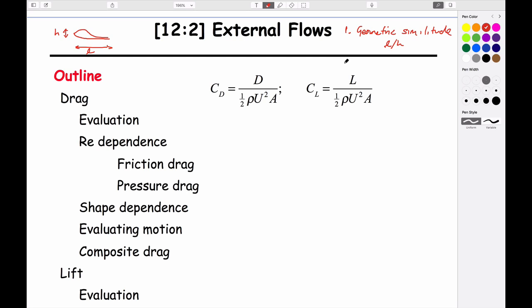If we wanted to look at flows, then we had to look at kinematic similitude. I won't write it out. For us that was basically that the flow patterns around the prototype and the model were identical to each other.